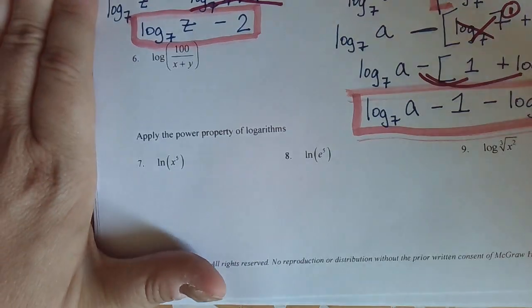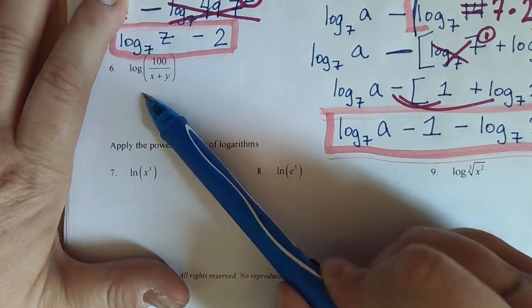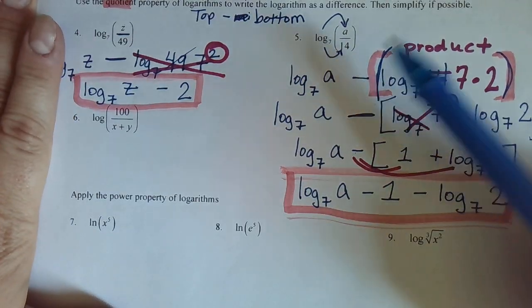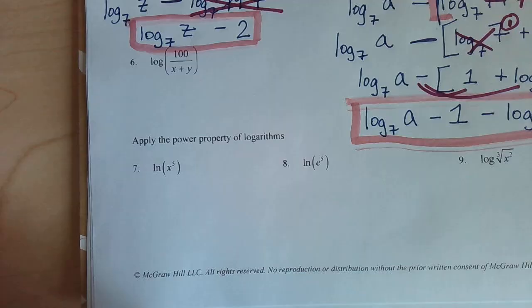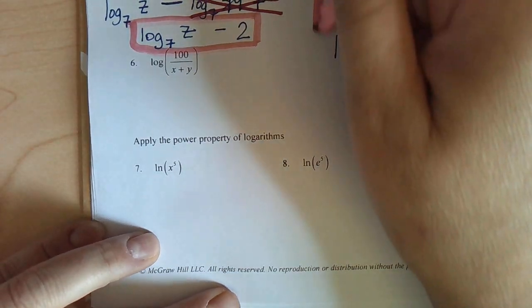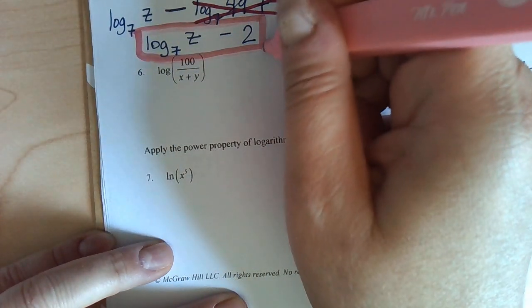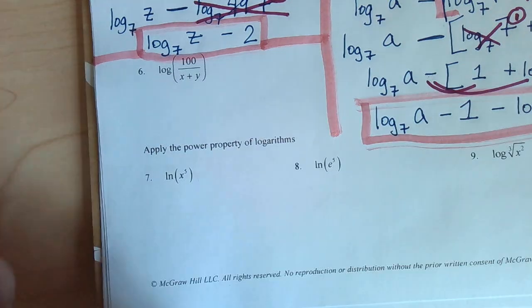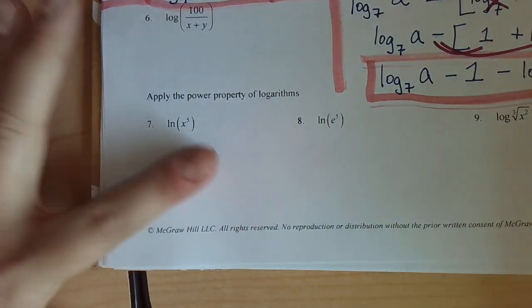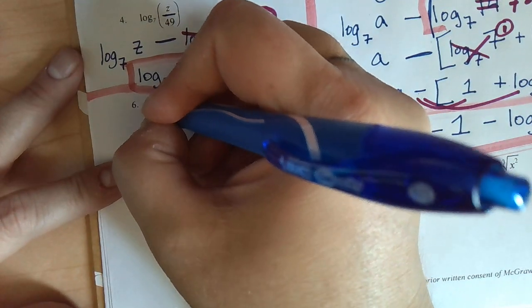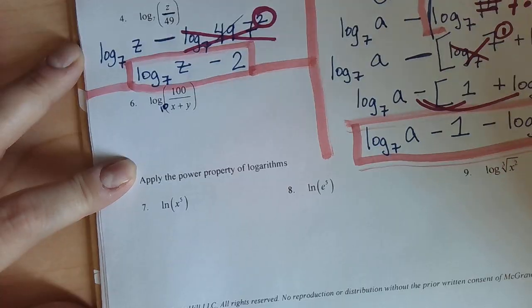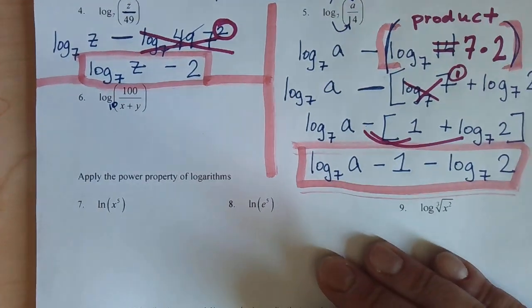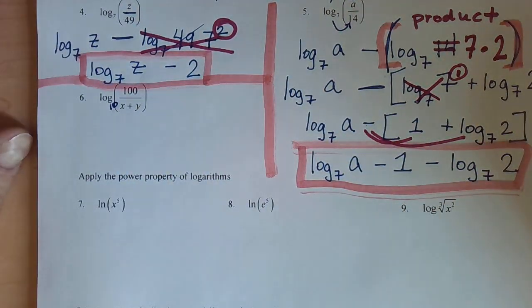Okay, let's go to number 6. It's going to be kind of tricky, and you're going to get it kind of confused with number 5. Okay, number 6 first. It doesn't have a subscript, so let's pretend we have a tiny number of who? 10. Yeah, so anytime we have a log without a little number in the bottom, you pretend it's a 10.